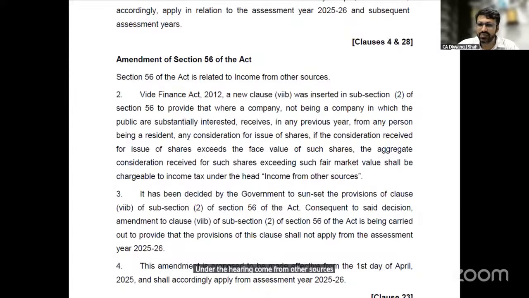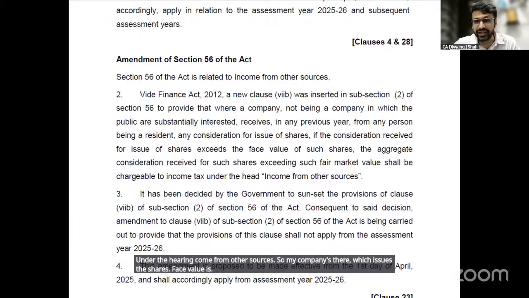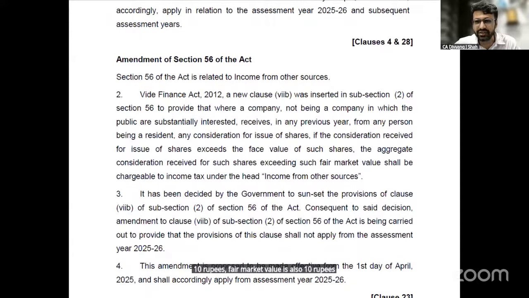So my company issues shares, face value is 10 rupees, fair market value is also 10 rupees. I issued the share for 100. So 90 will be taxed in the hands of the company.